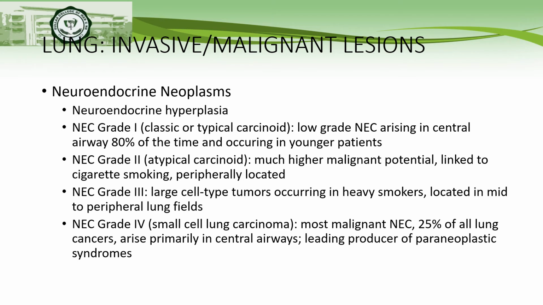The last one, the grade 4, is the small cell lung carcinoma and is the most malignant neuroendocrine neoplasm. This may occur in 25% of all lung cancers and they arise primarily in the central airways. Grade 4 or small cell lung carcinoma is the leading producer of paraneoplastic syndromes.